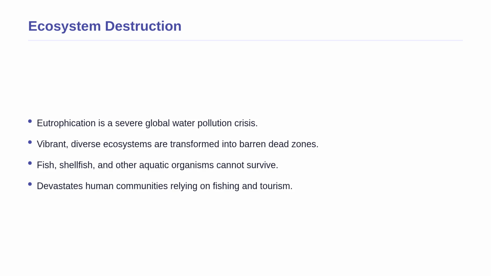It literally turns vibrant, thriving ecosystems into barren, dead zones where no fish or shellfish can survive. This ecological collapse has devastating real-world consequences for human communities that rely on these waters for their livelihoods, particularly those dependent on fishing and recreational tourism.